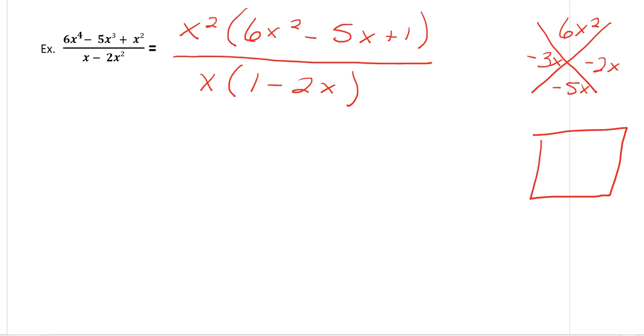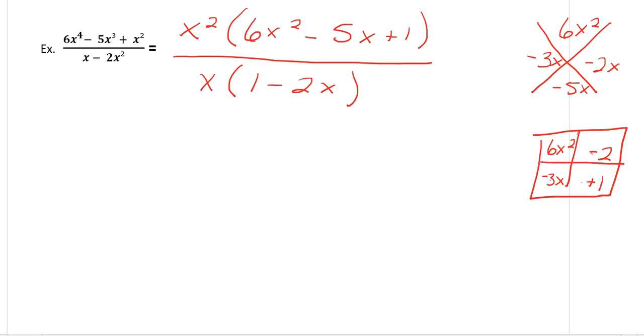So going to the box part of the problem, what goes inside the box is the first and last from the trinomial and the two factors that we found, negative 3x, negative 2x. Now here, be careful. We got to plan ahead. Are we going to use 6x and 1x?